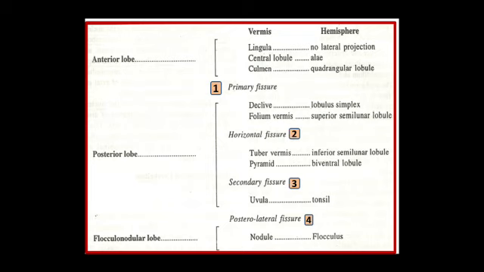Coming to the inferior surface, in the posterior lobe, tuber vermis with inferior semilunar lobule, pyramid with biventral lobule, and uvula with tonsil. And in the flocculonodular lobe, we have the nodule in the vermis and flocculus in the hemisphere.